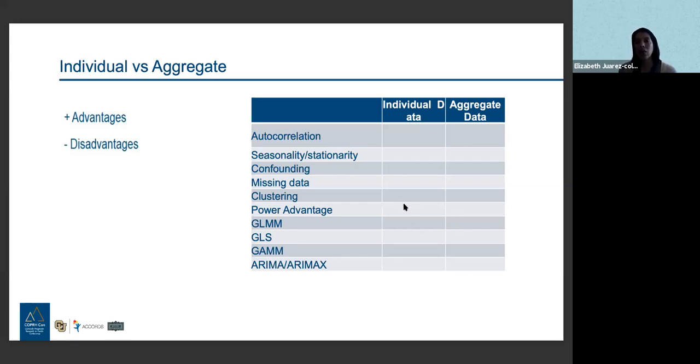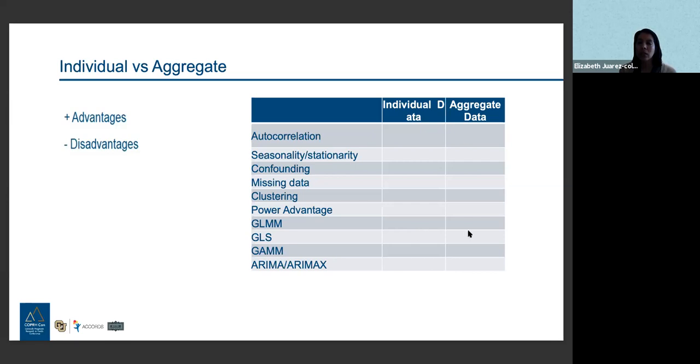Whereas for individual data, you could have for every individual the specific covariates, and of course that means we have larger sample size for individual data, usually. Can we use generalized linear mixed models in both? Sure, if we're able to identify the clusters in aggregate data, which I would say is not that common.